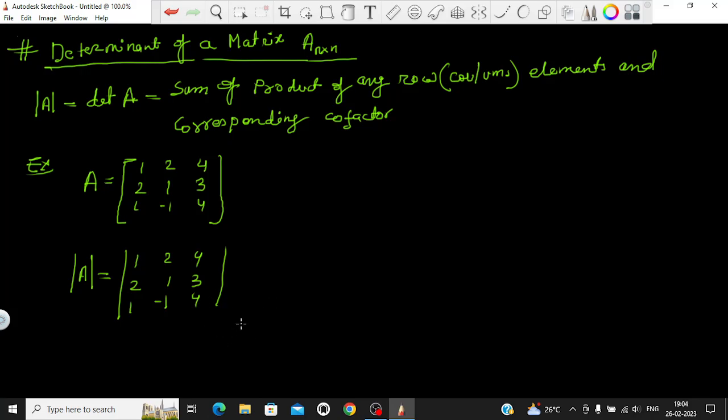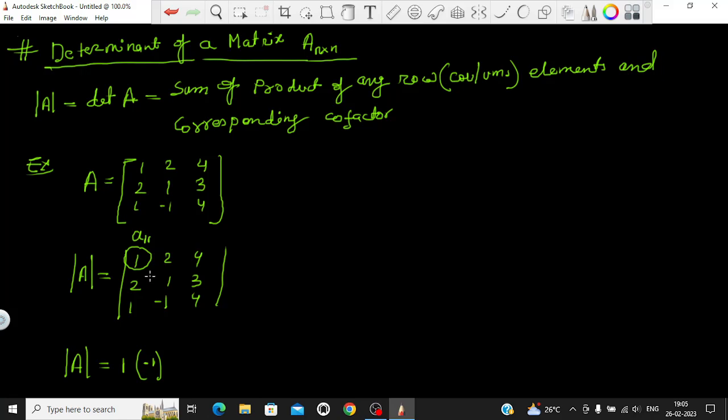So what I will do here, I will expand from first row. I will start to expand from this element 1, and write minus 1.